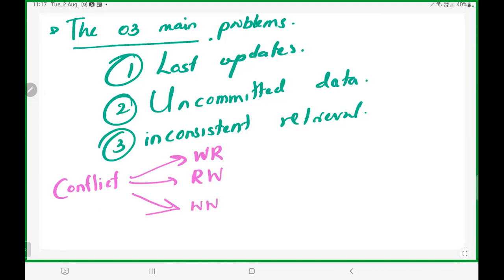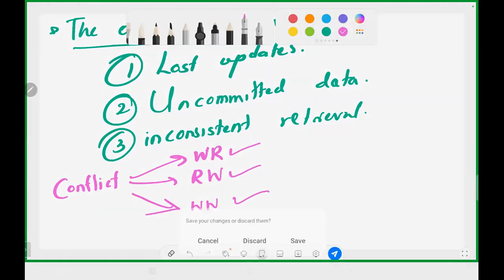Those are related to lost updates, uncommitted data, and inconsistent retrieval. Let's start from the first one.